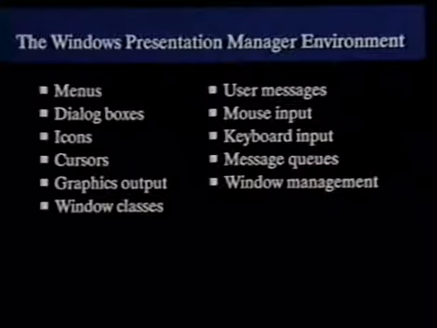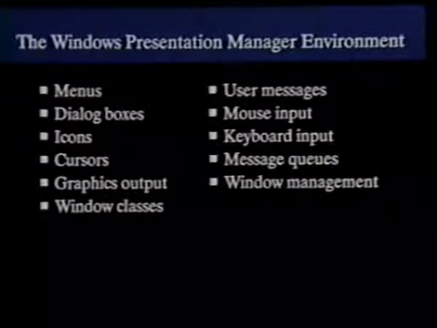Dialog boxes are methods for the environment, or the system, to communicate with the user. Icons are pictures that can be used to represent a running application. The cursors you've already seen. They move around on the screen in response to the mouse. You can change the picture that is used as the cursor.